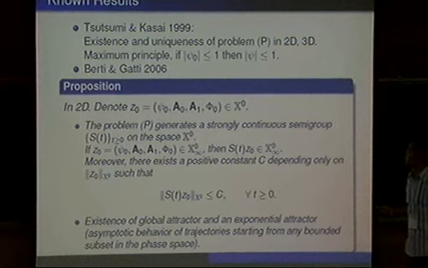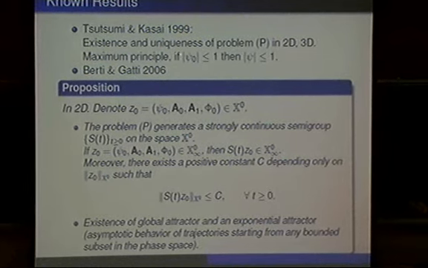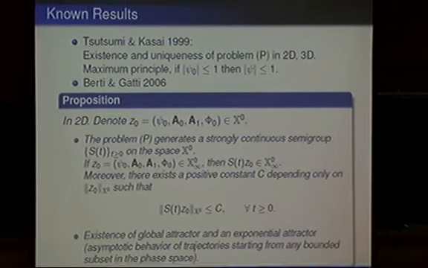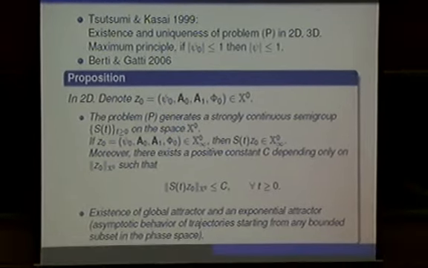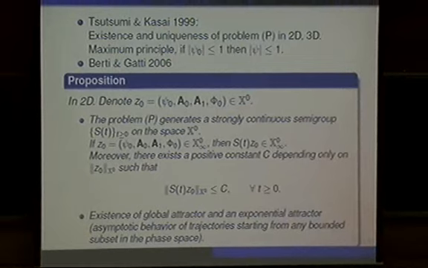In particular, they show that if the modulus of the initial data for the order parameter is less than or equal to 1, then it holds for all time. So that's why we can work in the phase space with this kind of constraint.